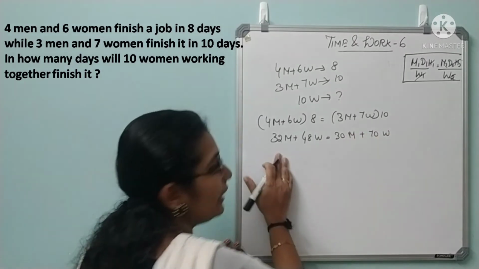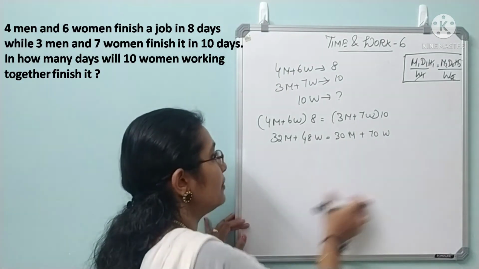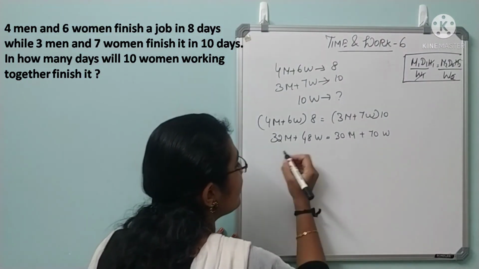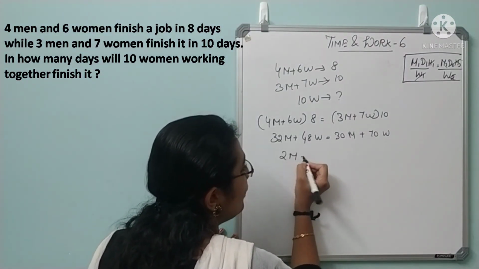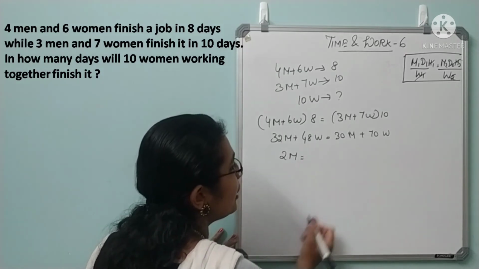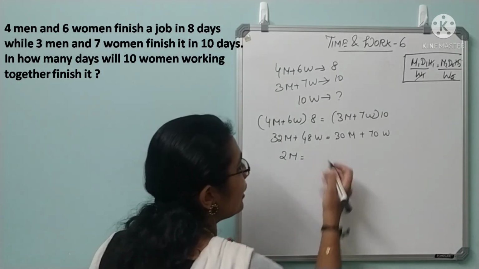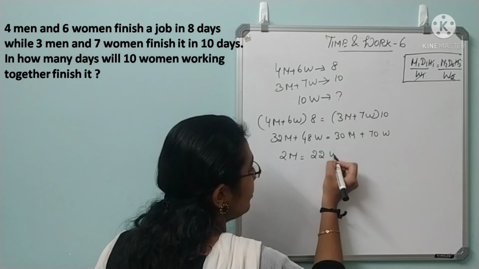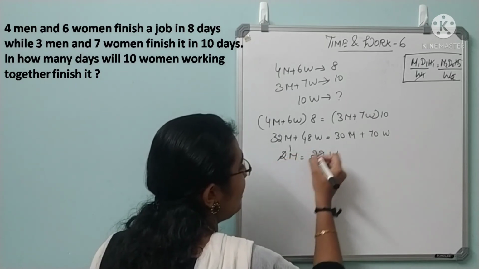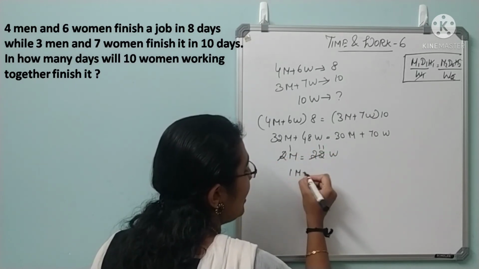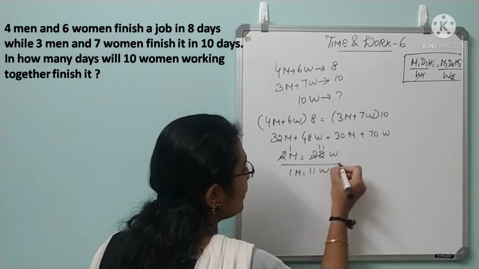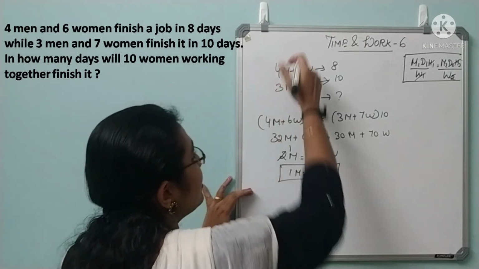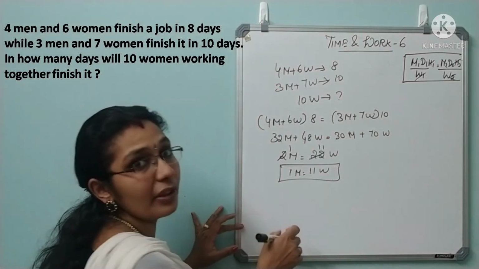So taking all m terms to one side and w terms to the other side, 32 minus 30 is 2 men, which is equal to 70 minus 48, which is 22 women. So 1 man is equal to 11 women. Clear? Now substitute this in the first or second equation, whichever you find easy.